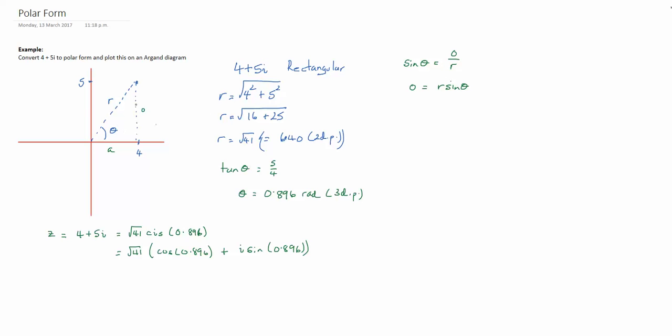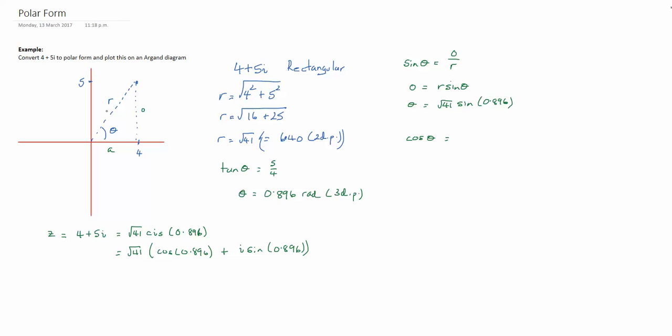And so this distance O here, in this particular case, is going to be equal to r, which we know is root 41, times the sine of that angle, which we just calculated as 0.896 radians.